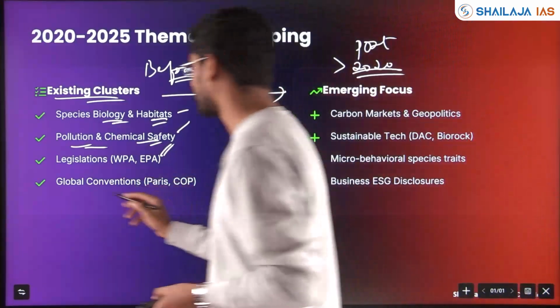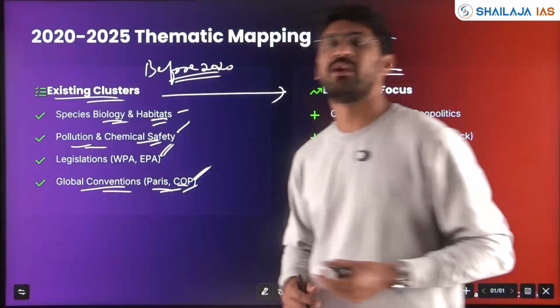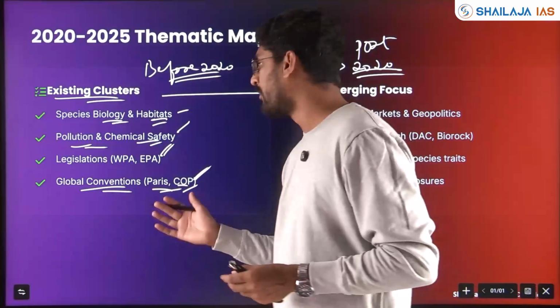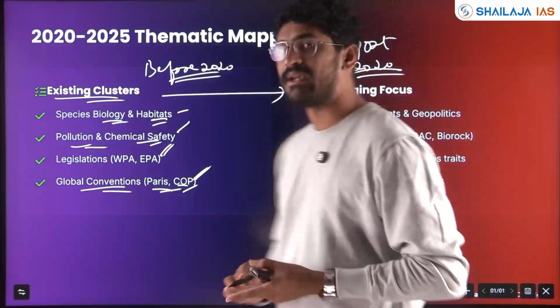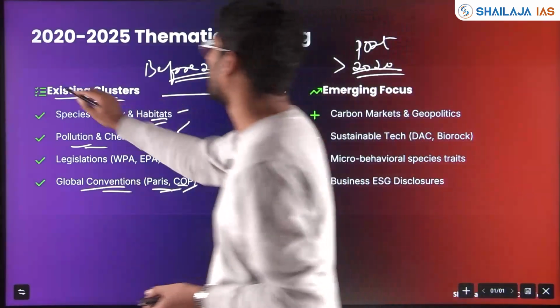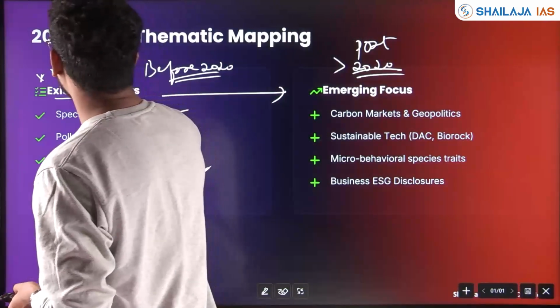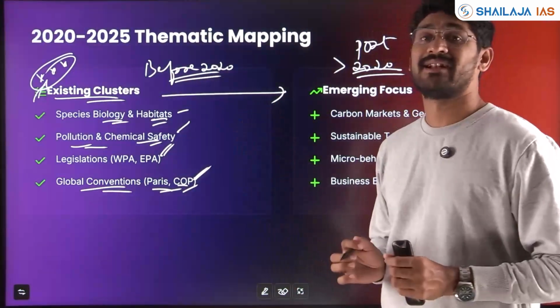Questions were asked directly, along with global conventions, like Paris, COP, UNFCCC, with respect to environmental protection, climate change, ozone. The historical global conventions were also asked. These were the existing clusters.